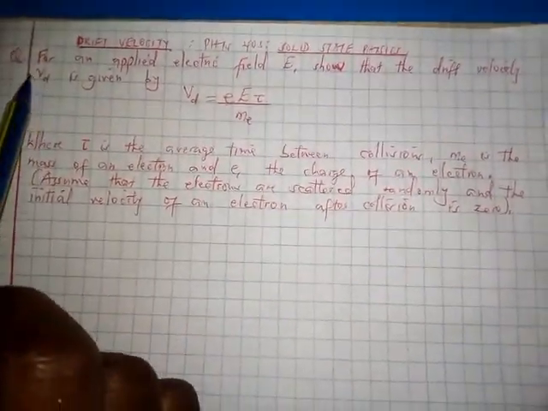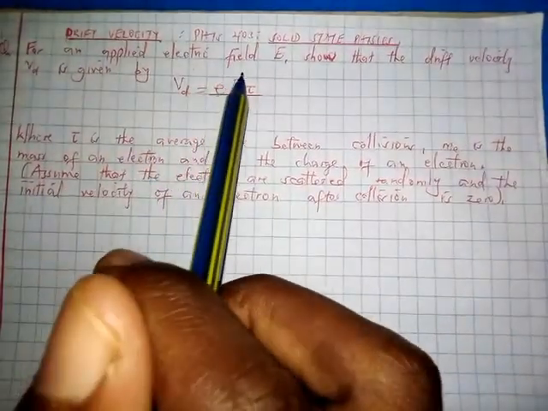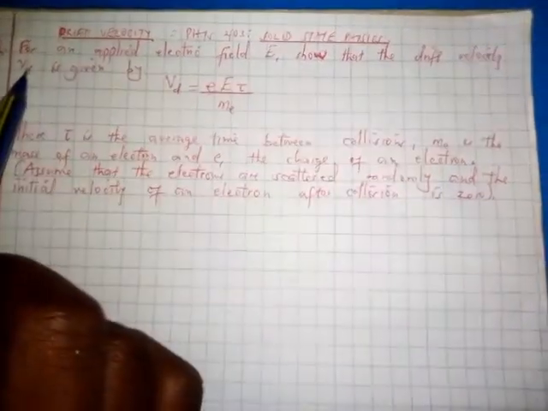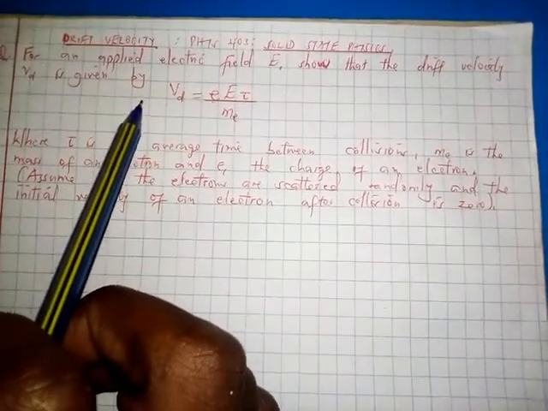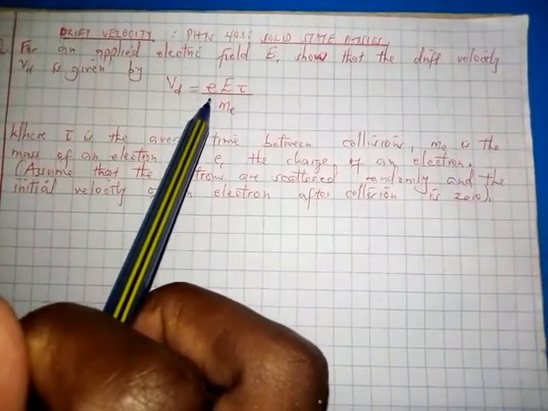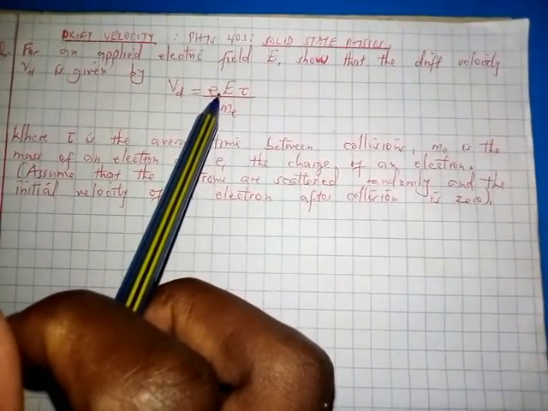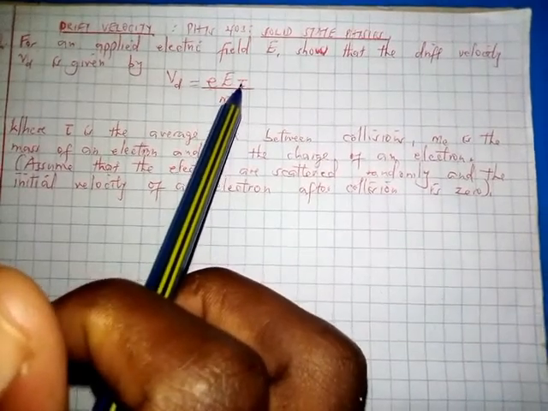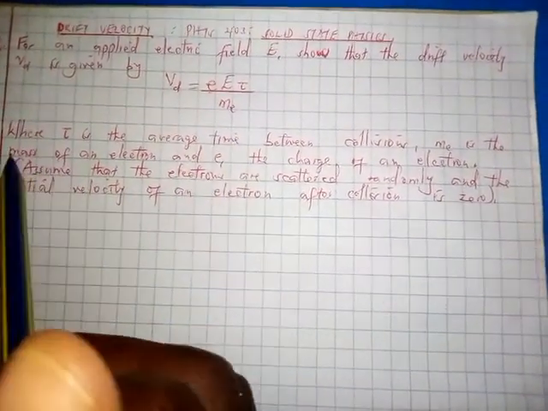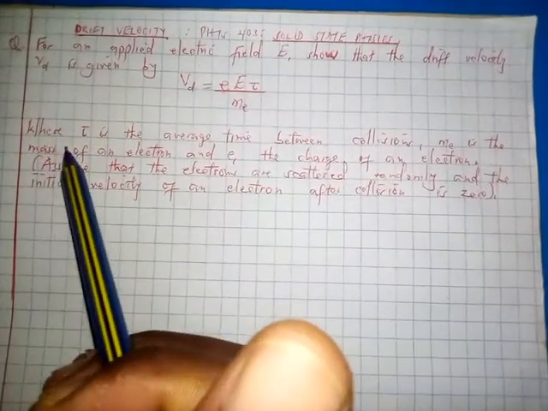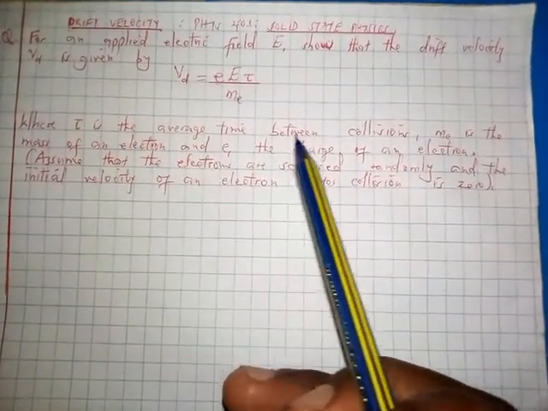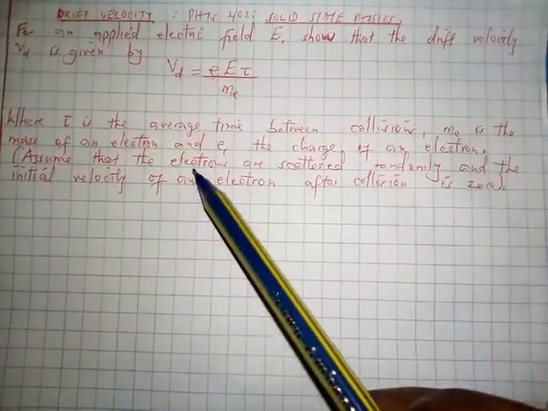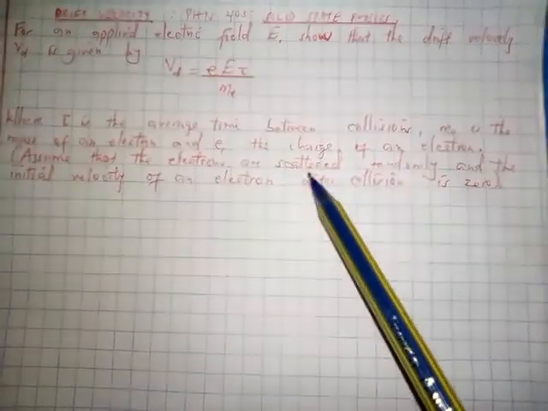This is the problem. For an applied electric field E, show that the drift velocity Vd is given by Vd equals e times electric field E times tau over me, where tau is the average time between collisions, me is the mass of an electron, and e the charge of an electron.